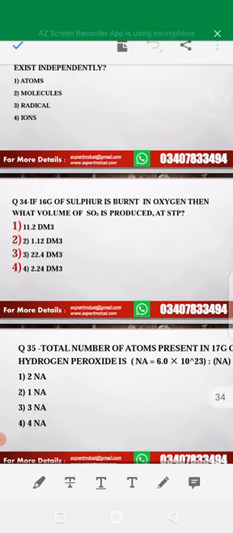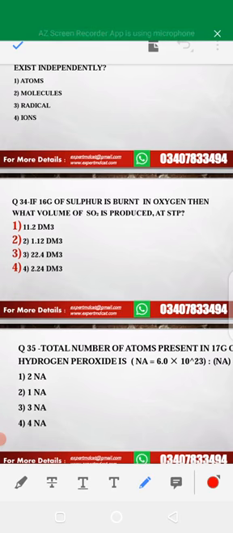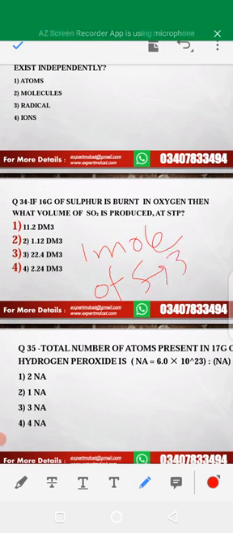Question number 34. If 16 grams of sulfur is burned in oxygen, then what volume of SO2 is produced at STP? We know that 1 mole of sulfur is 32 grams. So if we burn 16 grams, the molar volume should be half.